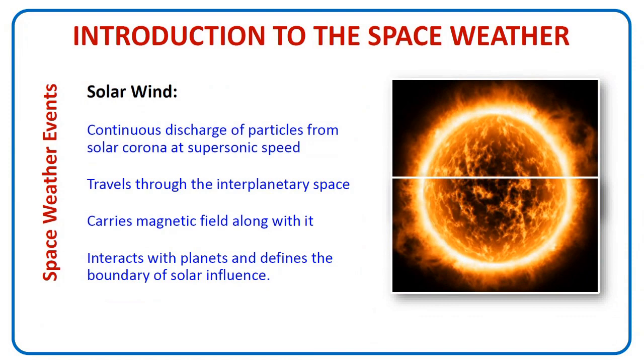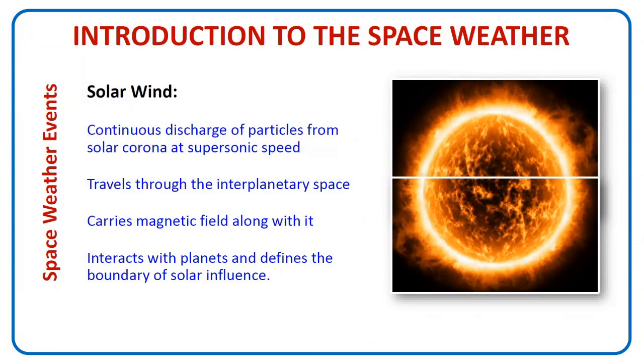Now it travels through the interplanetary space, and these solar winds are very important. Had there been no solar wind, the solar system wouldn't be existing here, because these solar winds define the heliosphere.